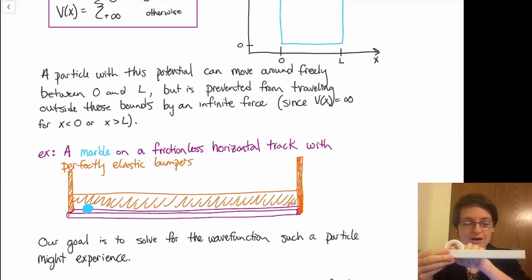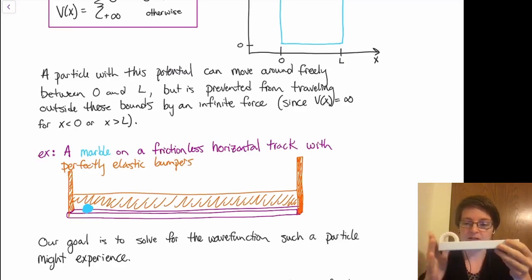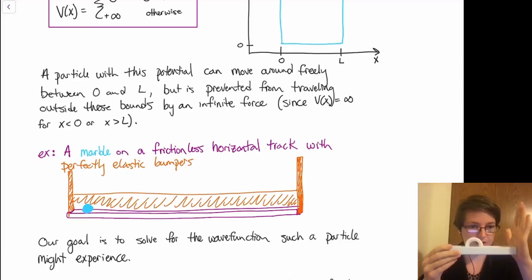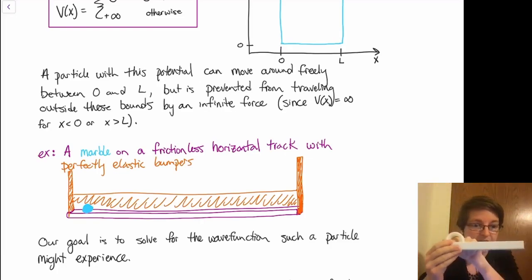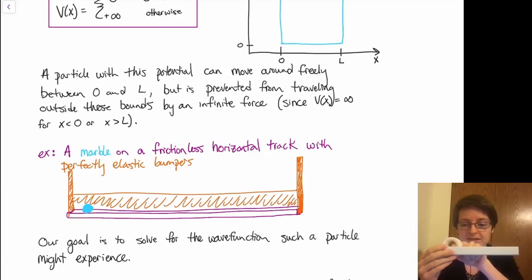And so what this particle might look like in real life is something that has the freedom to roll around within a certain space. But if you imagine the walls of this box being much, much taller, such that no matter how much kinetic energy I put into the system, it couldn't escape, the particle is bounded to stay inside of this box.